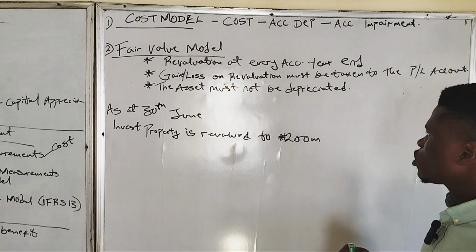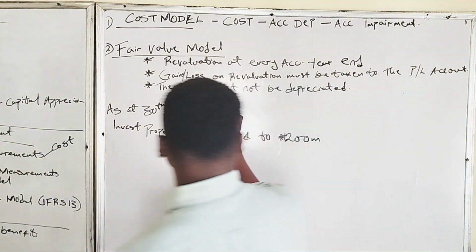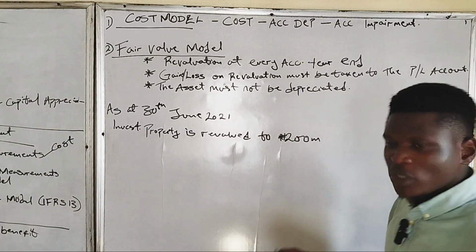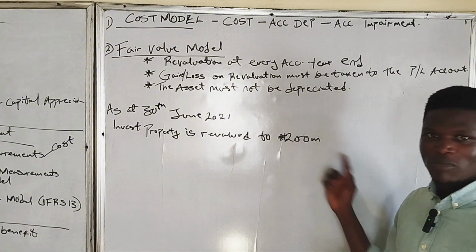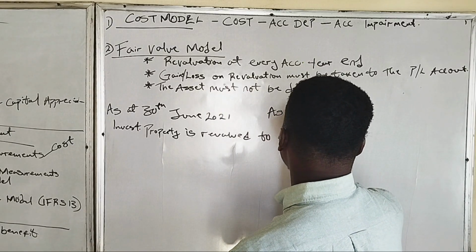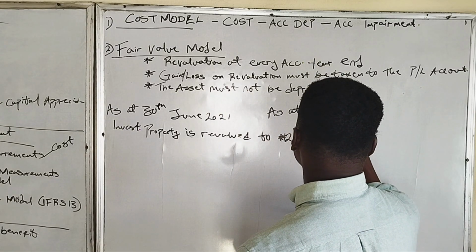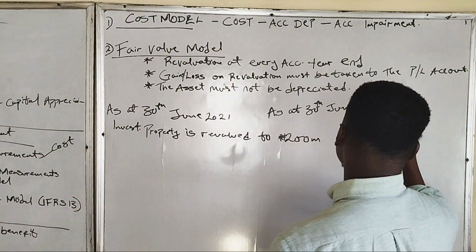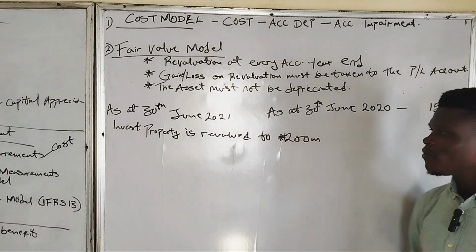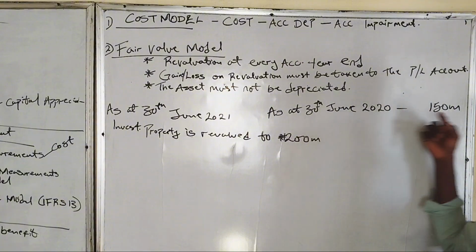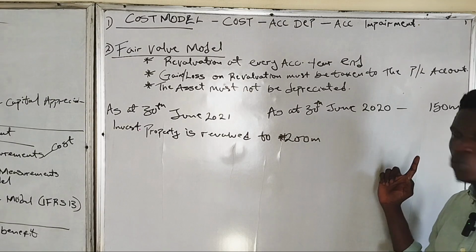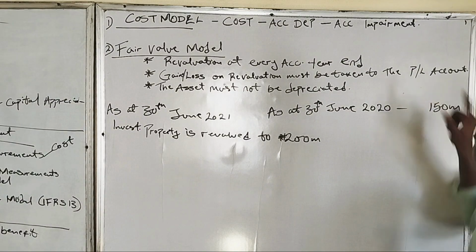So if, for example, as at June 2021, that's the current year, this asset is revalued to 200 million, and as at 30th June 2020, that's the previous year, this asset had been 150 million, it means there's a revaluation surplus of 50 million, which must be charged to the P or L account, just like we've talked about.